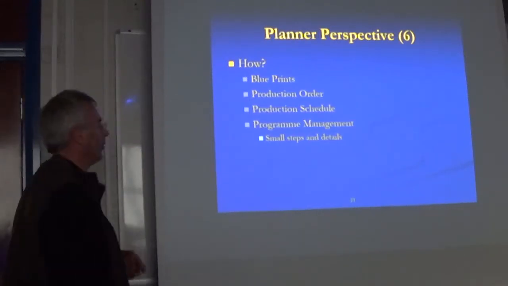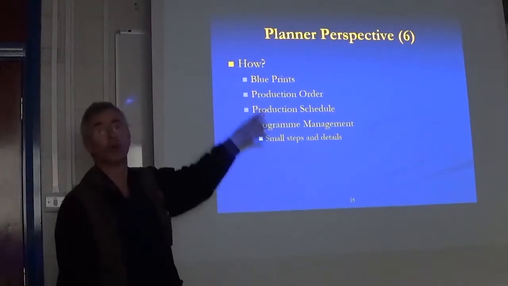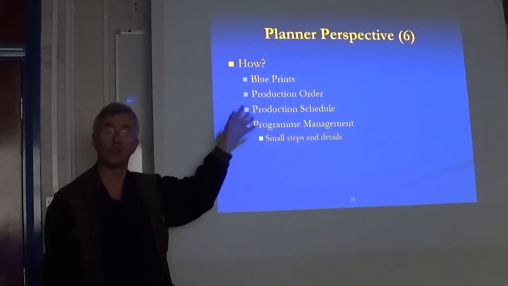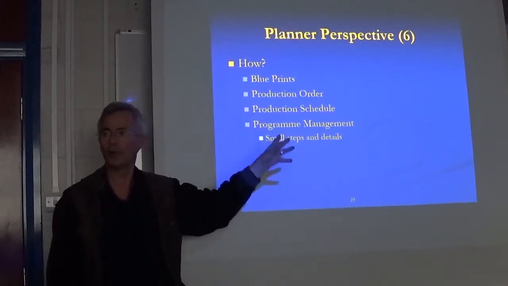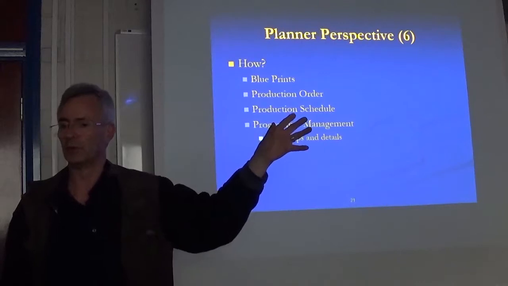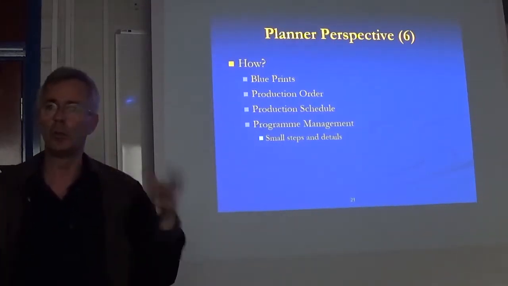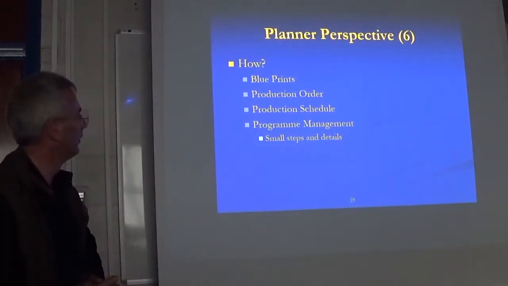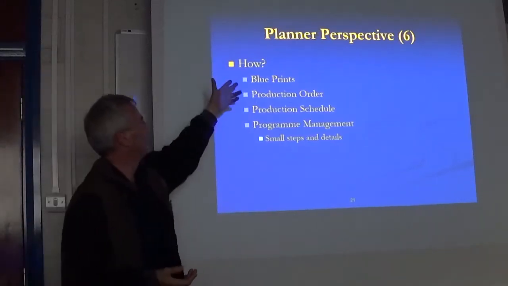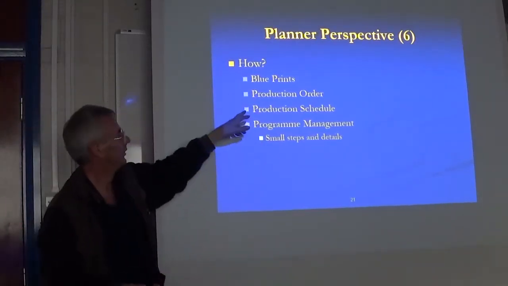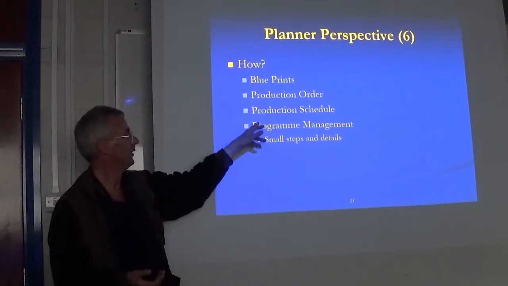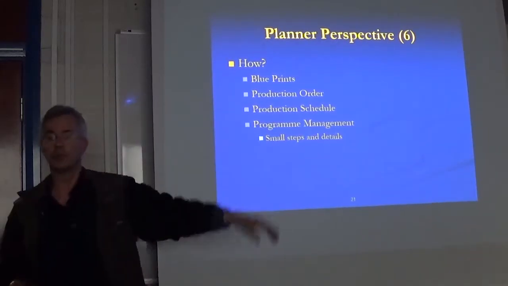And then the how. Well, these are the sort of things that we would talk about today, and they had those types of things way, way back 4,500 years ago. They already knew all about production management in terms of designs, orders, sequencing of activity, and the real issue of program management.